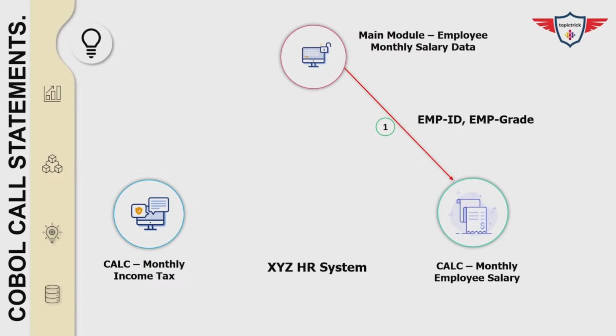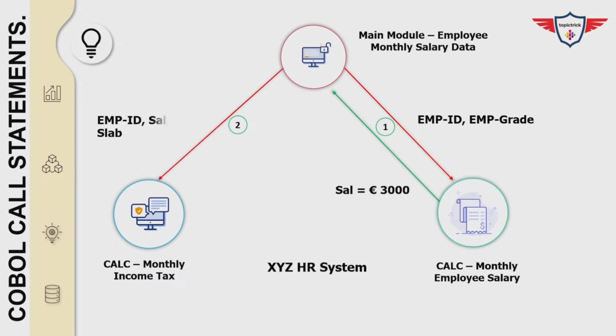In the first call, the main program passes EMP ID and grade as input to the subprogram. The subprogram calculates the employee salary and returns the value to the main program. Similarly, in the second call, the main program passes employee ID, salary and tax slab as input to the second subprogram. The second subprogram calculates the tax and returns the value to the main program.